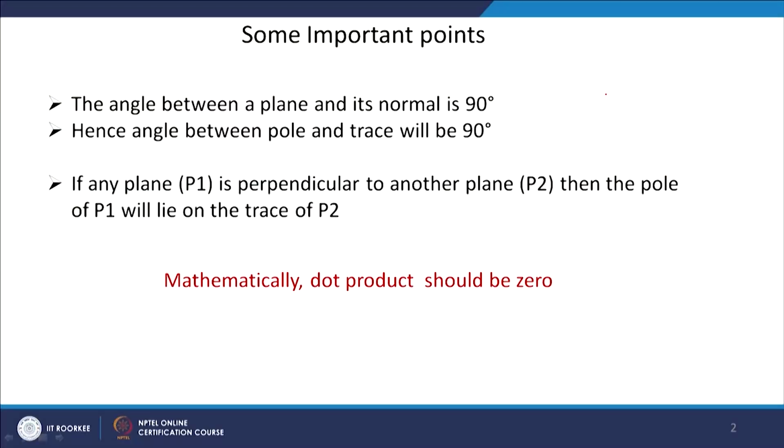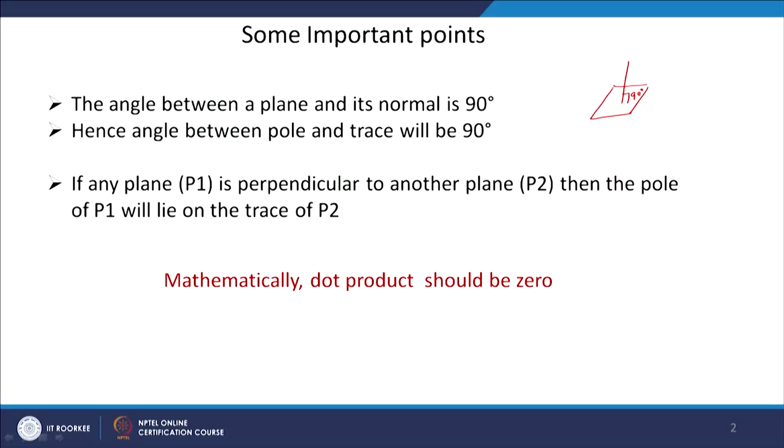And since we have already agreed that stereographic projection preserves the angular relationship, the angle between a pole, which we have already projected, and a trace of a plane, which we also have projected on the equatorial plane, will also be 90 degrees.